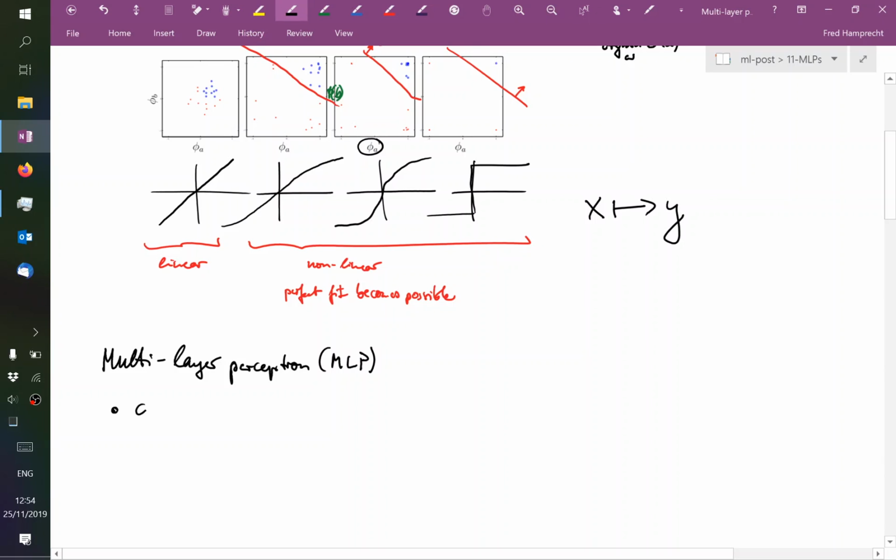It combines several perceptrons to altogether create some nonlinear decision boundary.